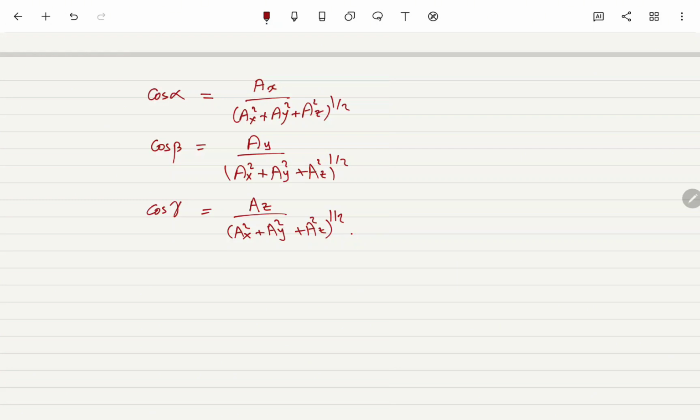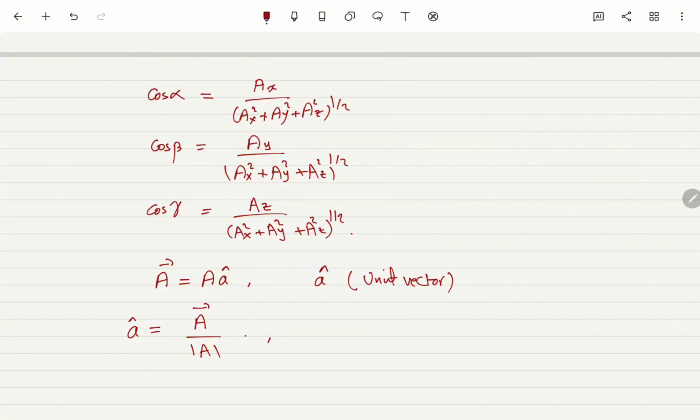Now let's define a unit vector. So vector A is actually equal to A times A hat, and A hat in this case is defined as the unit vector. It's a vector with magnitude 1. It just gives the vector a direction in such a way that A hat equals a vector over its magnitude.